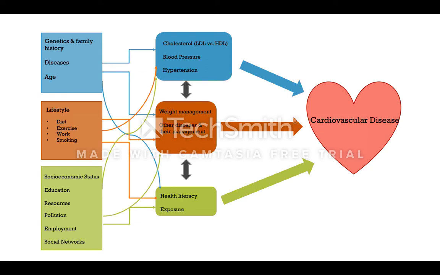In this case, a diet high in fat and sodium will have a negative effect on disease management and prevention. A sedentary lifestyle is also not a good thing when dealing with someone who is suffering from cardiovascular disease or is trying to prevent it. Stress levels, and especially smoking.